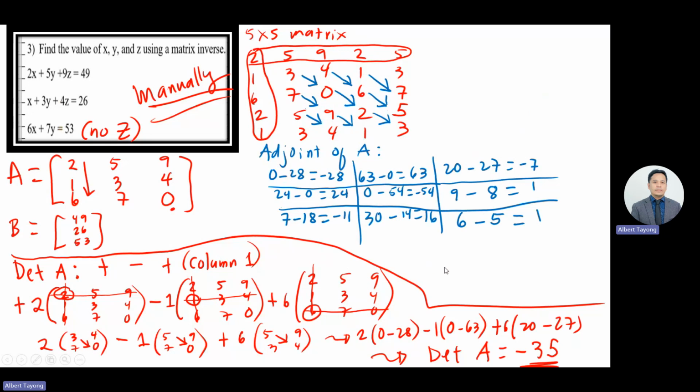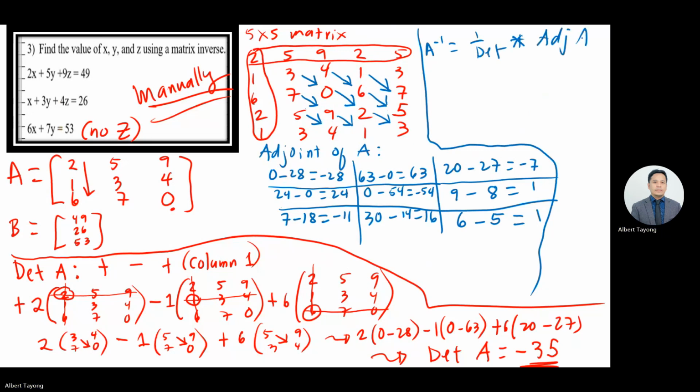The next, of course, is to get the inverse. The formula is 1 over the determinant times the adjoint of A. So our A raised to the power of negative 1 is 1 over negative 35 times, put these numbers, negative 28, 63, and we have negative 7.